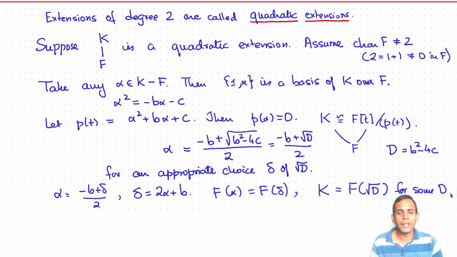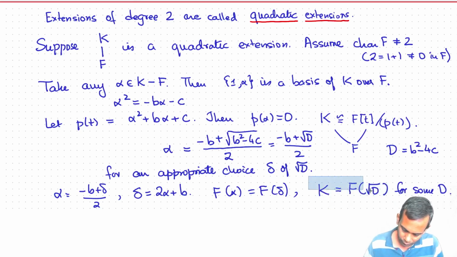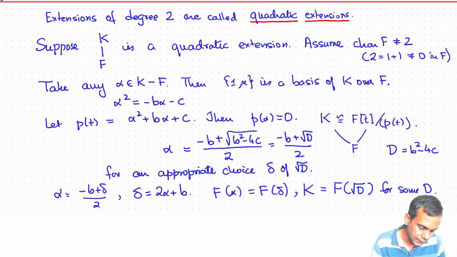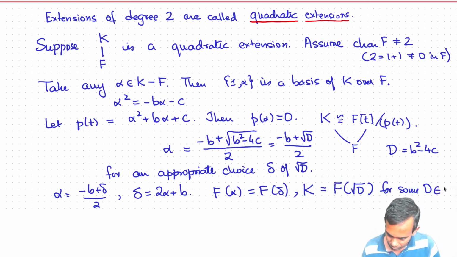So every quadratic extension, if you're working inside a larger field, is generated by the square root of a single element in F, for some d belonging to F.